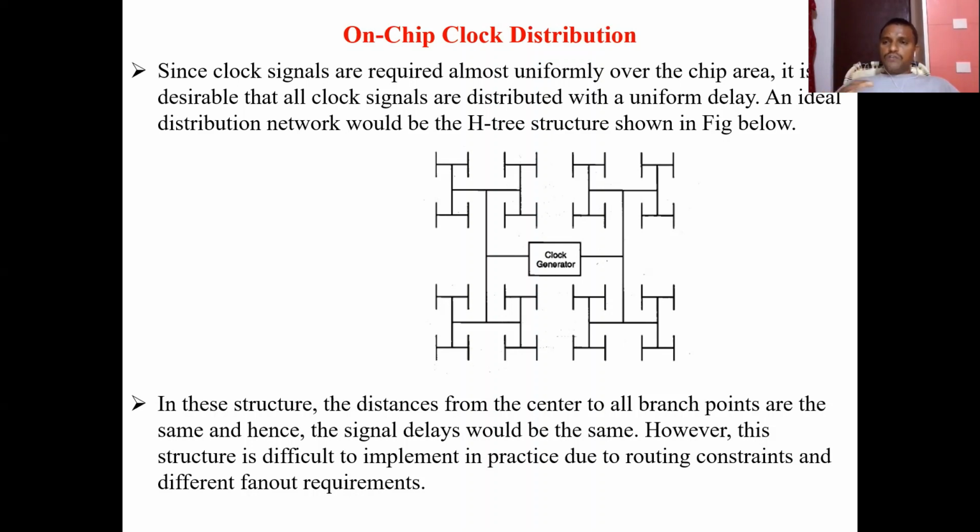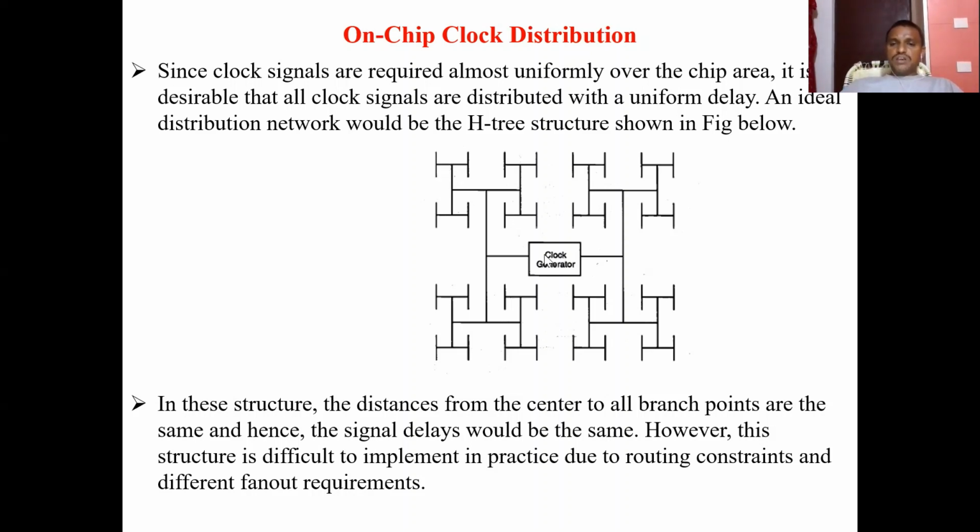So here we have seen three methods of generation. After that, the first point here is on-chip clock distribution. In that, we will see how we can distribute this clock throughout the surface of the IC. Here we are going to use an H tree for the distribution of this clock. If you observe this diagram, at any point you consider, you can observe an H shape.